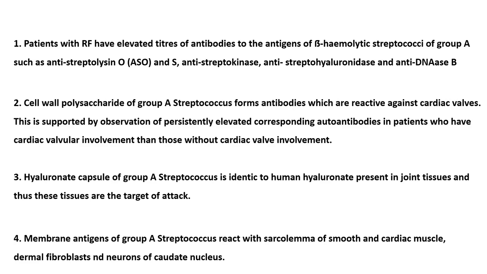Patients with rheumatic fever have elevated titers of antibodies to the antigens of beta-hemolytic streptococci of group A, such as anti-streptolysin O and S, anti-streptokinase, anti-streptohyaluronidase, and anti-DNase B. Second is cell wall polysaccharide of group A streptococcus, which forms antibodies reactive against cardiac valves.